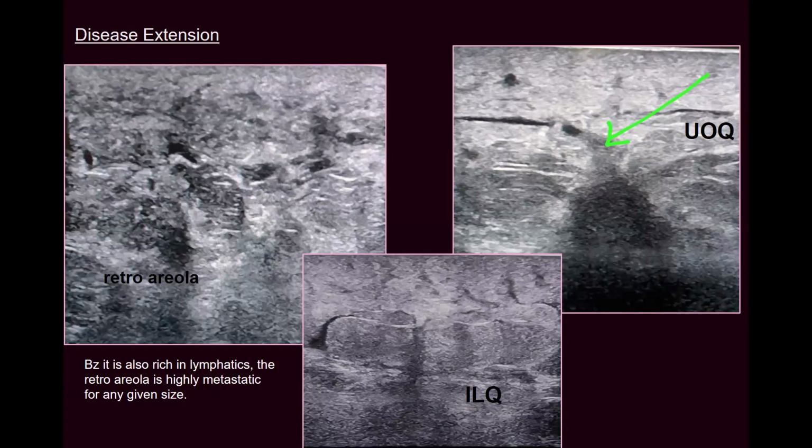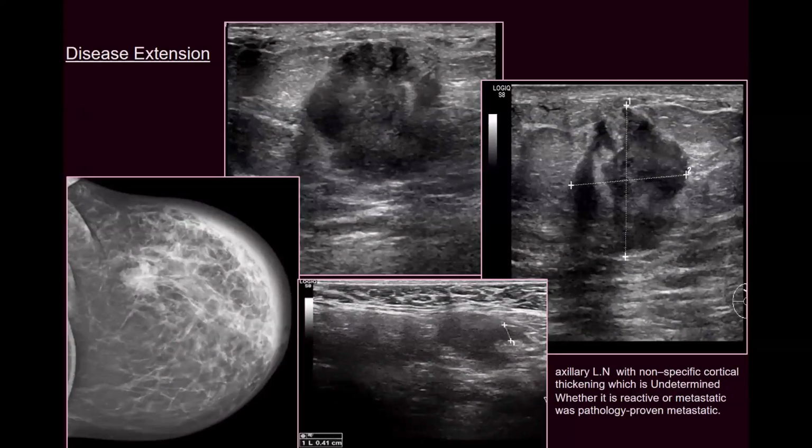But as you know, in our patients, even from the retroareolar region, the lymphangitic spread goes into the inner lower quadrant and across the valley of the breast to the contralateral breast. This is one of our patients of lymphangitic spread to the contralateral breast. Okay, this is also my patient.